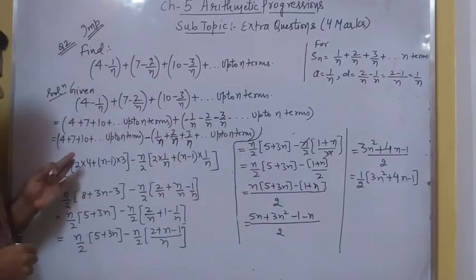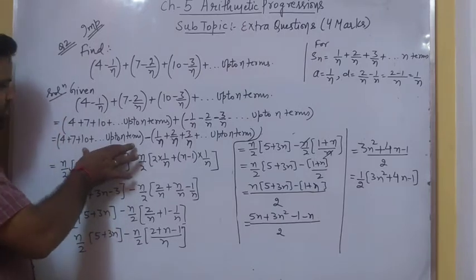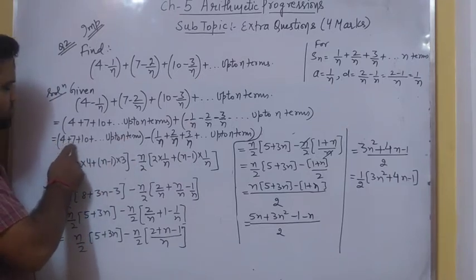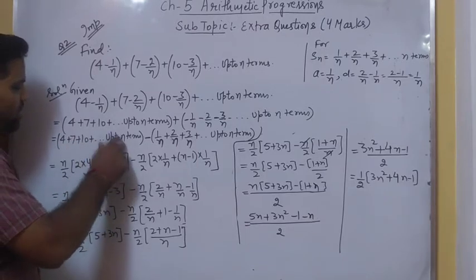Now let us find the sum of the first n terms of this series. Is it an AP or not? Here the first term is 4 and the common difference between the terms is the same, which is 3. So that's why this series is an AP.